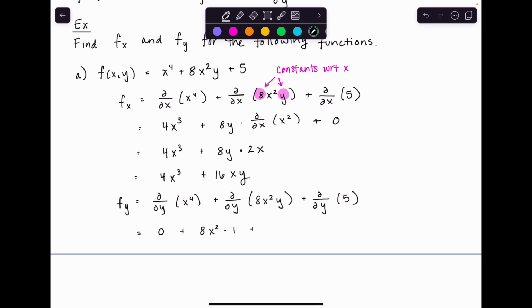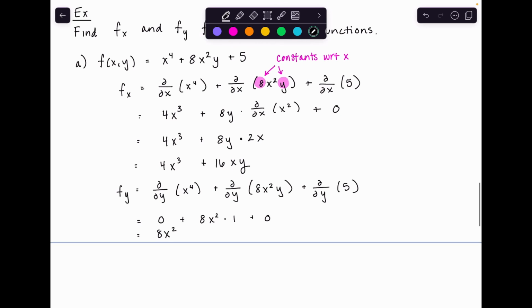And then the derivative of 5 with respect to y is also 0. So ultimately, the partial with respect to y is 8x squared. Okay. So hopefully not too bad in practice. Again, you really just get to jump down to this step, but to show you piece by piece where everything comes from.